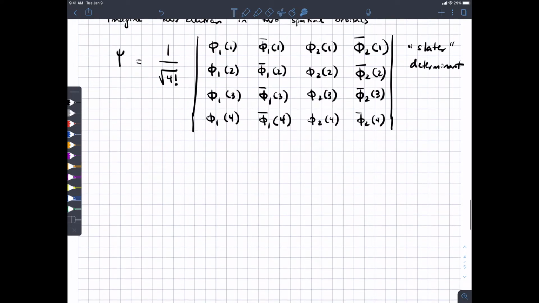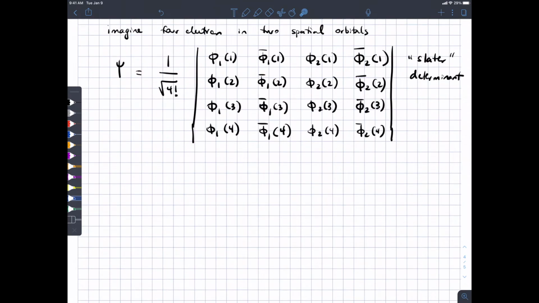Now we want to talk about applying this formulation for our wave function to the Hamiltonian. And remember that if we want to determine the energy of a particular orbital, we're going to want to know this quantity.